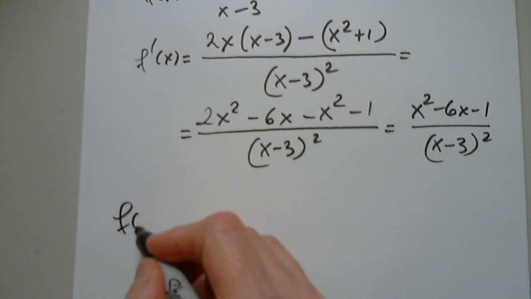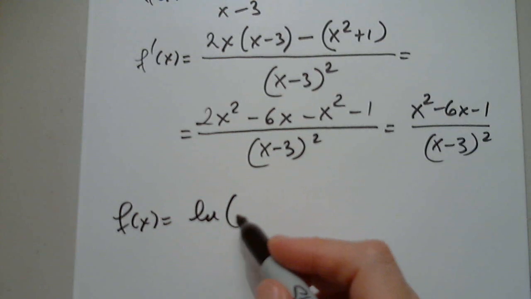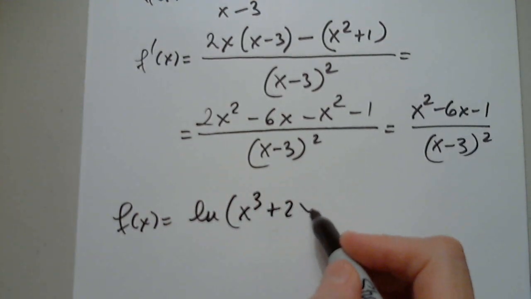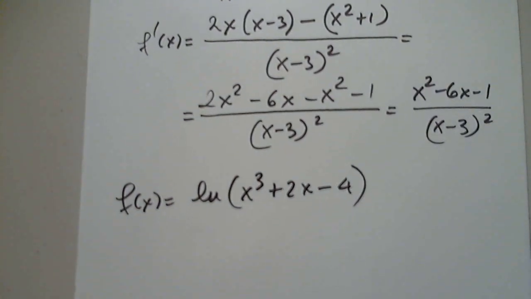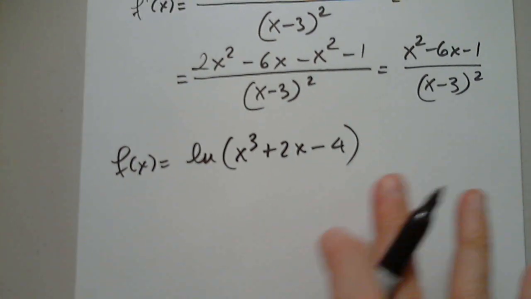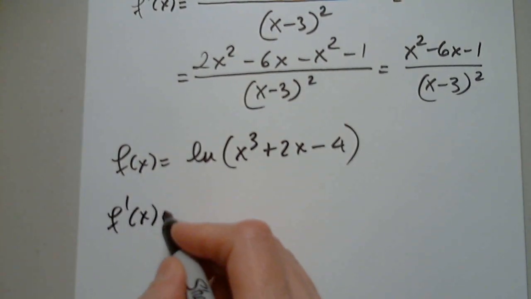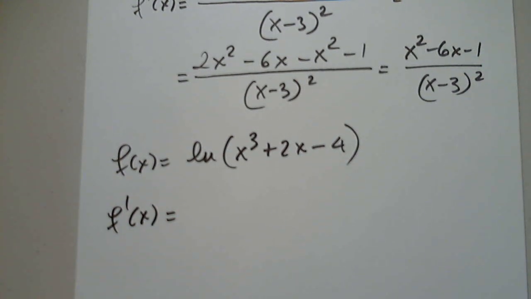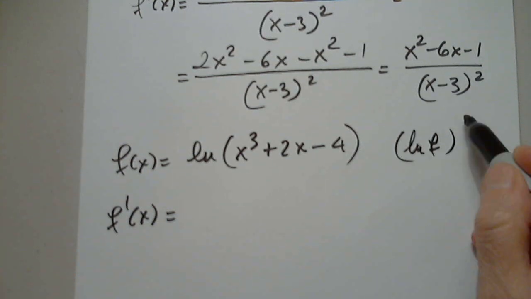Good. Another one. Let's say natural log of x to the third plus 2x minus 4. How do we differentiate this one? Anyone remembers the rule for natural log? So what is the rule for natural log of f prime?